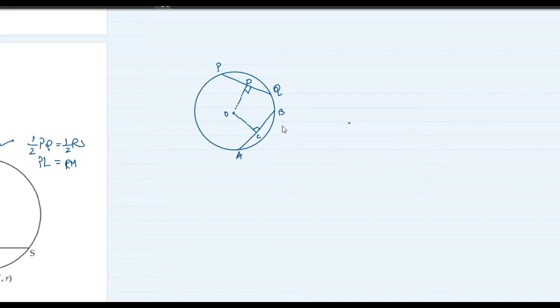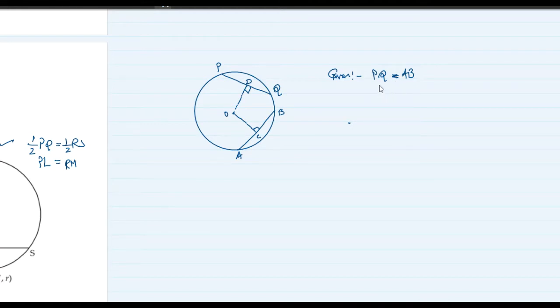Here also we can prove that equal chords are equidistant from the center. How are equal chords equidistant from the center? It is given that PQ is equal to AB.